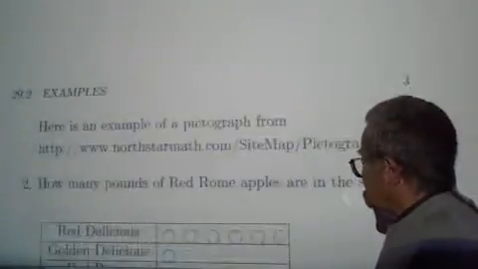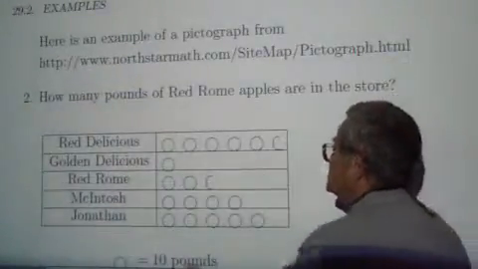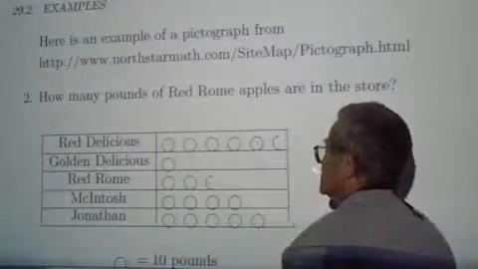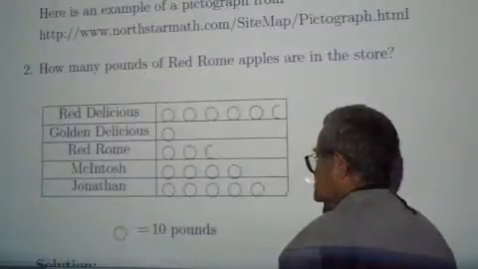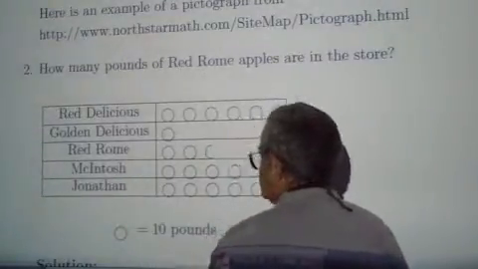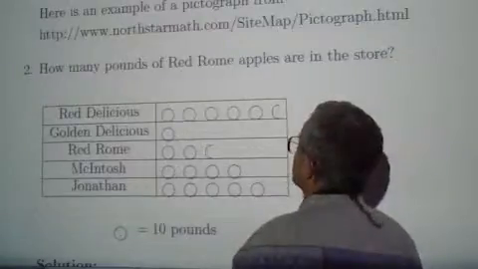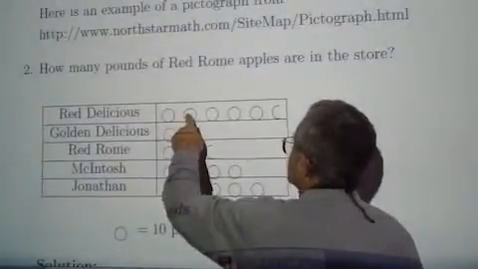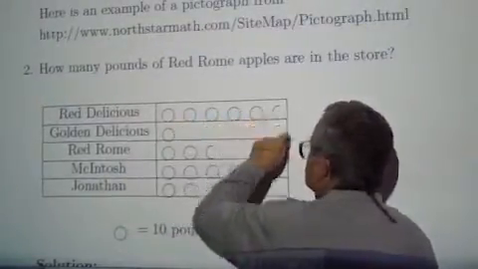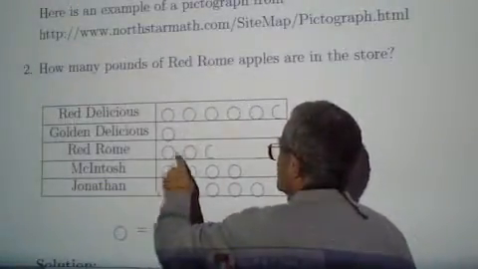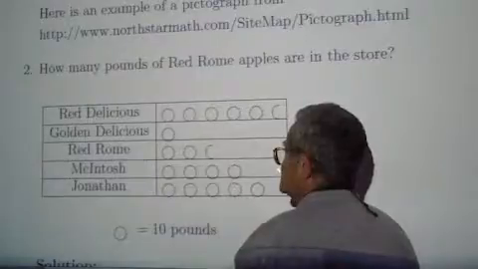Here's an example of a pictograph. Assume these are apples. I couldn't draw an apple, so I just drew a circle. And each circle, each apple is worth 10 pounds. How many red delicious apples do we have in the store? 10, 20, 30, 40, 50, 55 pounds. How about golden delicious? 10 pounds. Red Rome, 10, 20, 25 pounds.